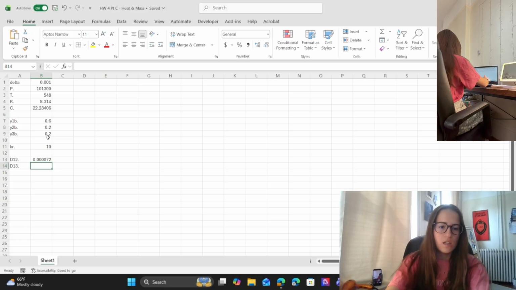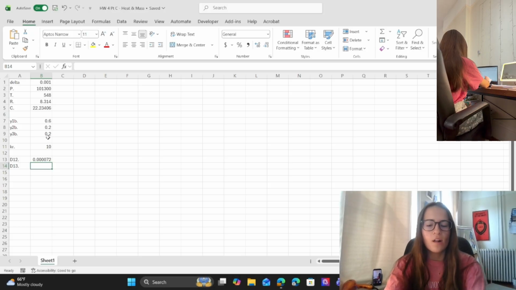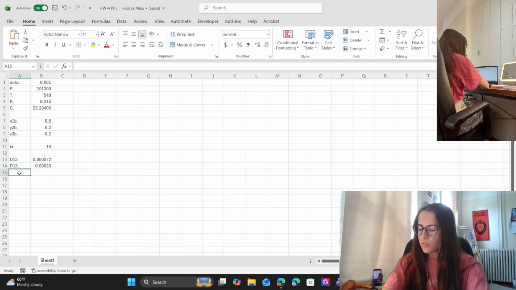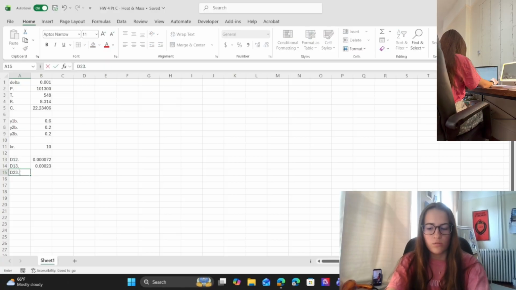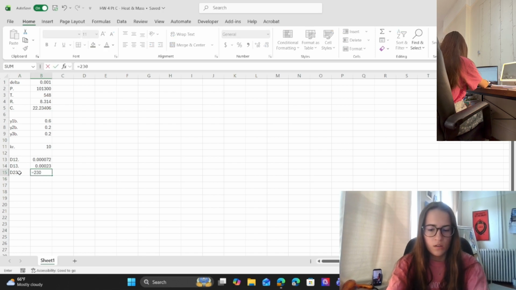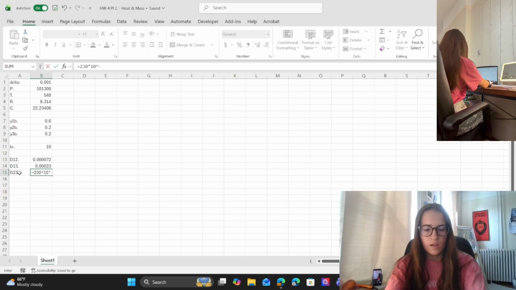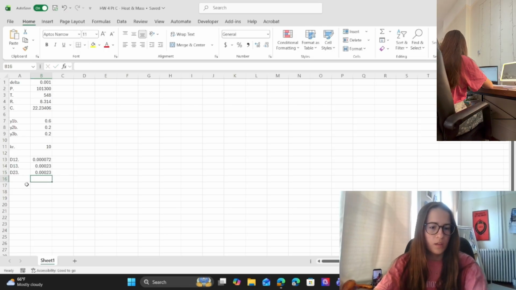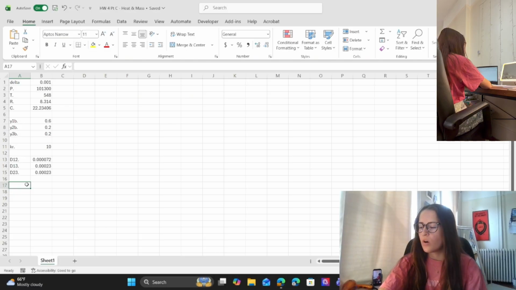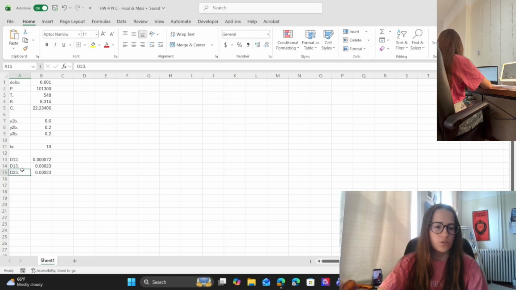And then D13, or how ethanol diffuses in hydrogen, is going to be 230, once again times 10 to the negative 6, and then D23 is going to equal 230 times 10 to the negative 6 again. All right, so now we have all of these. These are all our initial conditions here.